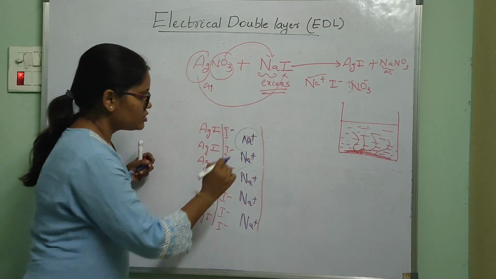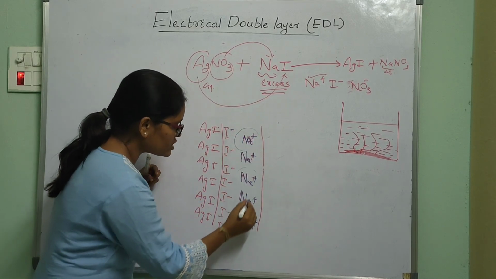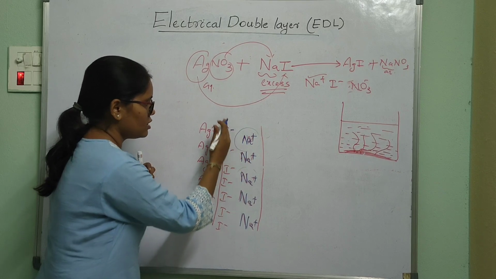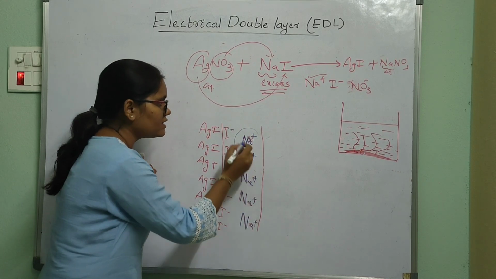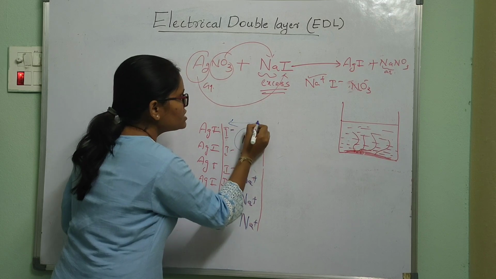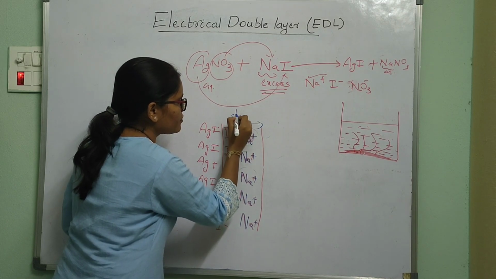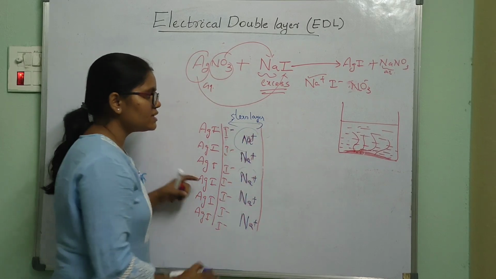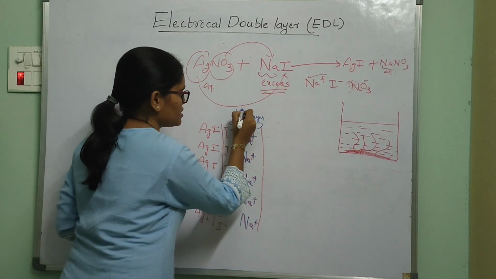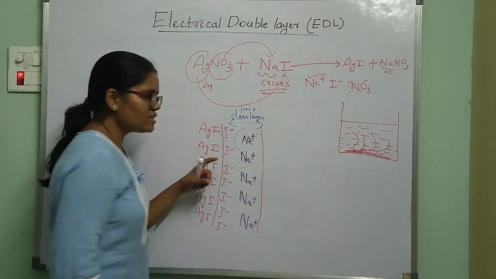So there is a layer of positively charged ions around the surface of the colloidal particle, and this layer is called the Stern layer. This layer is fixed. Why is it fixed?